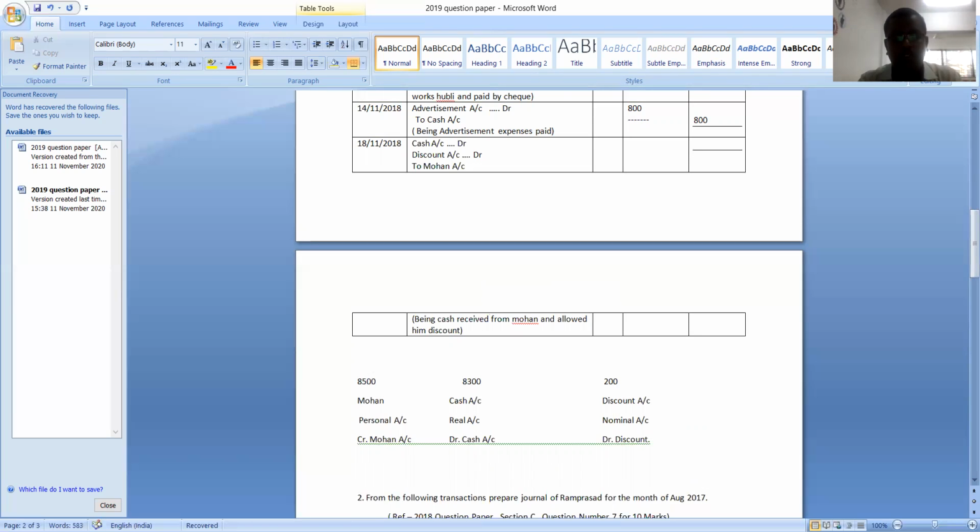Understood? This is how we should write the narration. We received cash from him and we allowed him discount. No need to write the amounts in the narration. Now we should write the amounts in the debit and credit columns.